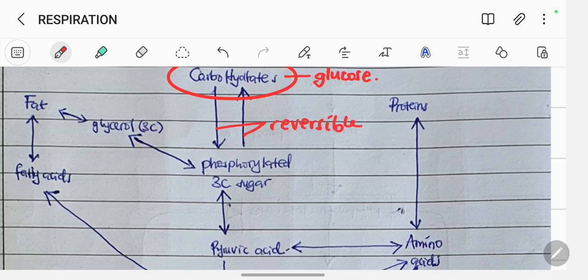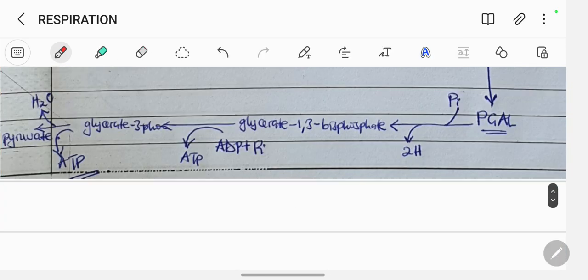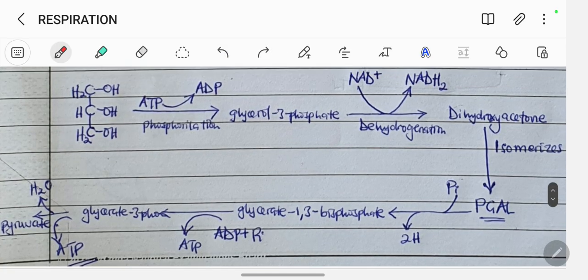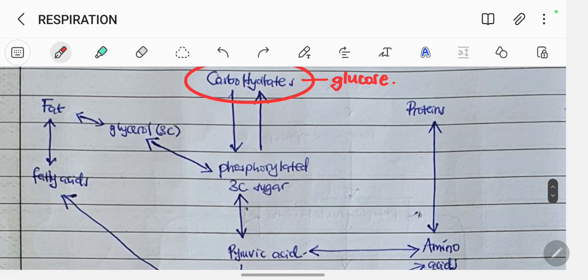Reversible reaction. So our carbohydrate, call it the glucose, is going to be phosphorylated into a 3 carbon sugar there. What do we mean?